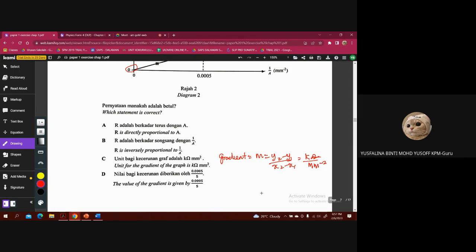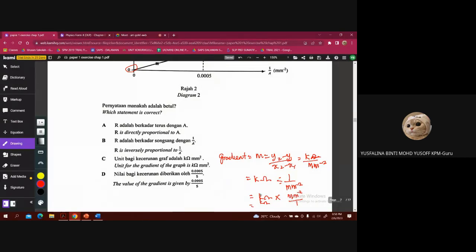So let's try: k ohm divided by 1 over mm negative 2. Because it's a division, this one will become multiply. This will be on the top, this one will be down, so it should be k ohm mm squared, if I'm not mistaken.